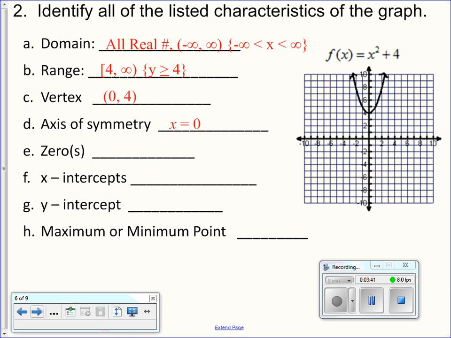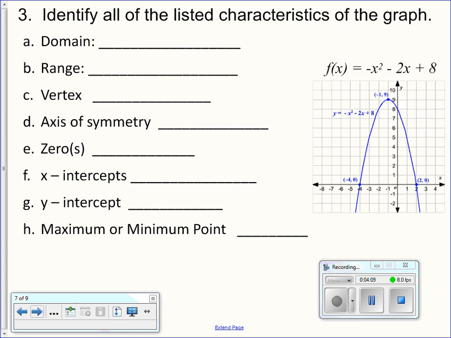Our axis of symmetry is where our vertex hits the x-axis, so x equals 0. Our zeros is where the parabola crosses the x-axis, and that is none. We also have none for x-intercepts. Our y-intercept, written as an ordered pair, is 0, 4. And again, since it's a happy face, it's a min at 0, 4.